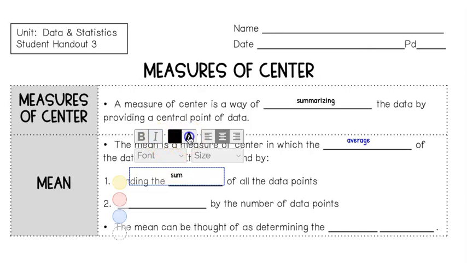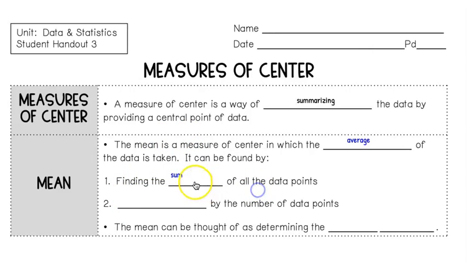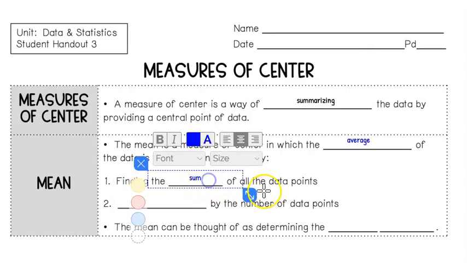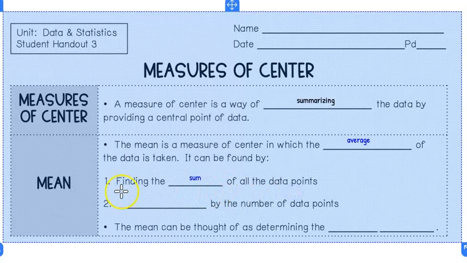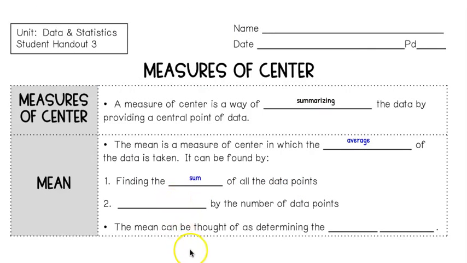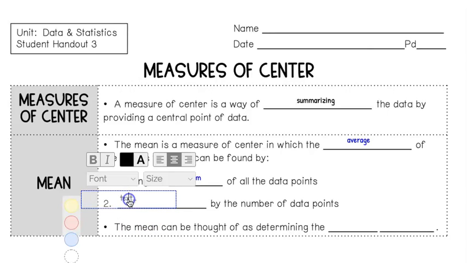And that would be the sum of all the data points. Number 2, blank by the number of data points. Dividing.